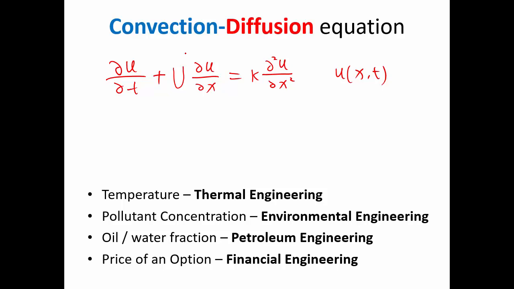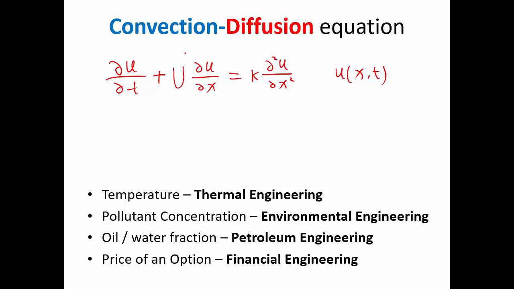And here I'm focusing a lot on engineering examples. For example, in thermal engineering, we are usually concerned about the evolution of temperature. We don't want things to melt, we don't want things to freeze or burn. So here, the small u would model the temperature in a fluid or in a solid. In environmental engineering, we are concerned about the concentration of pollutant, or when there is a building fire, the concentration of smoke.